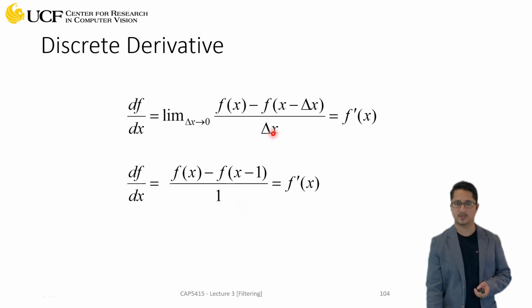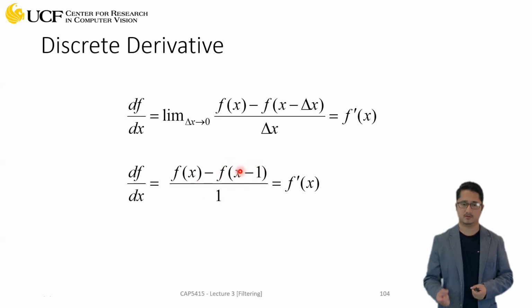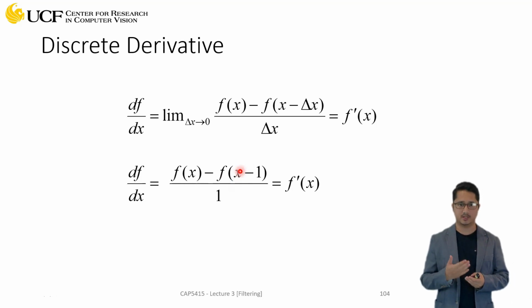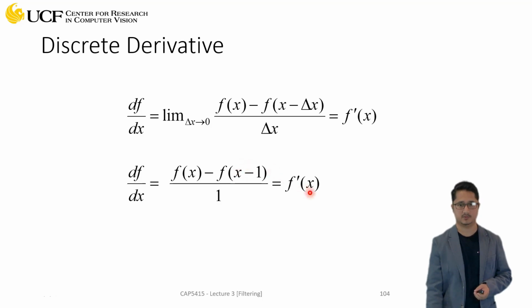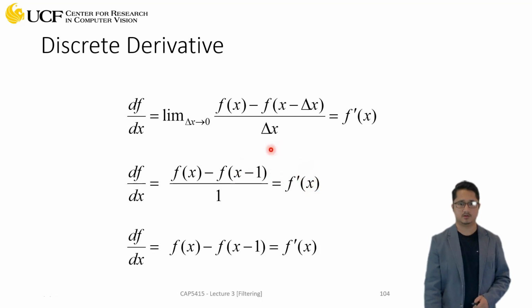If you replace this delta x, or that small step, with the value 1, the numerator will be just f(x) minus f(x minus 1), which means that's the smallest step you can take in this direction. And when you take that small step, you see how much the function value is changing. That will be the discrete form of the derivative.